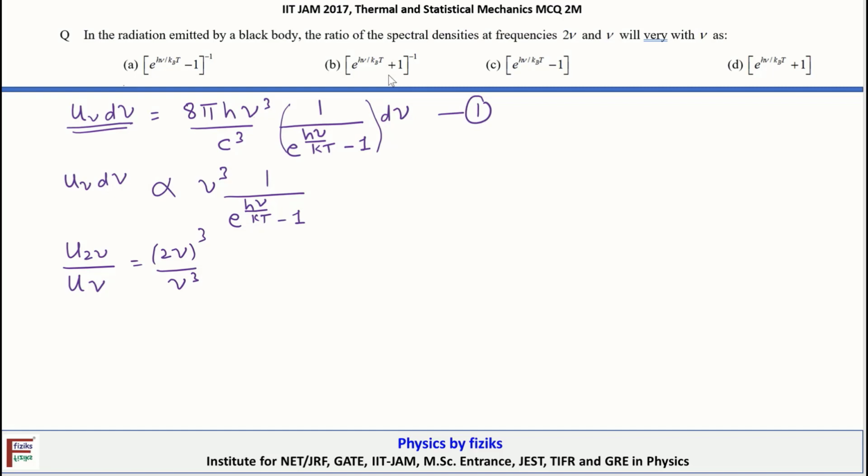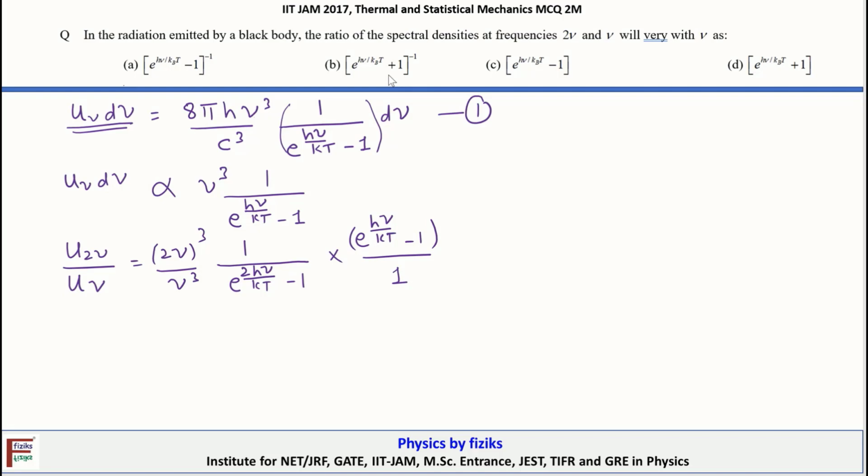Okay, and this is equal to 1 first at frequency 2 nu, e power 2 h nu divided by kt minus 1, and then divided by again the same factor, so it will come in the numerator, that is equal to e power h nu by kt minus 1 divided by 1.